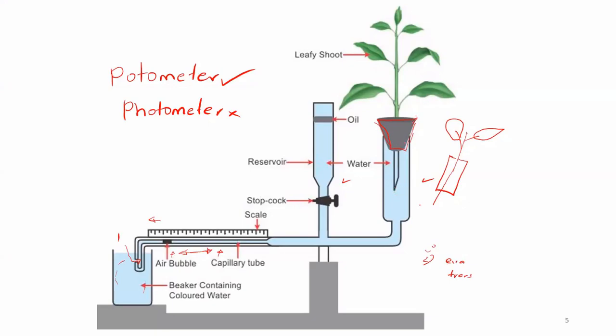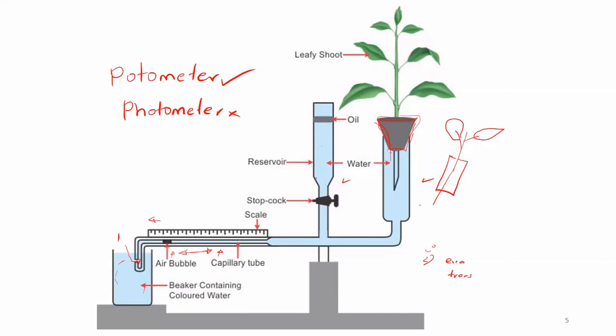Therefore, we can put some grease, vaseline or oil, an anti-transpirant agent that does not allow water loss through this reservoir. So we put some vaseline or oil around this area, and this one also, because this area has water. Water also evaporates through this setup.